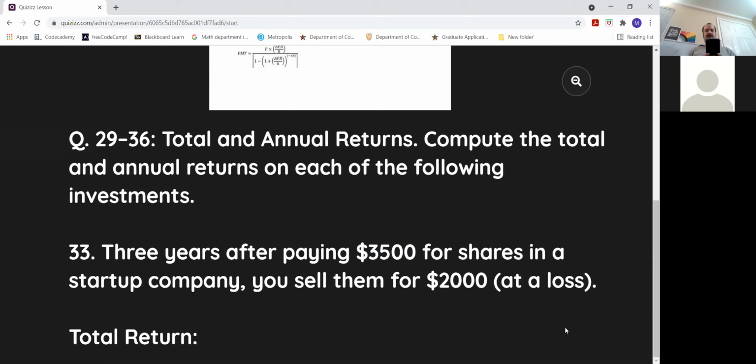You have to be sure you put things in the right order. It's new minus old over old. Make sure you're dividing by the old. And it should be a percentage to 2 decimal places.